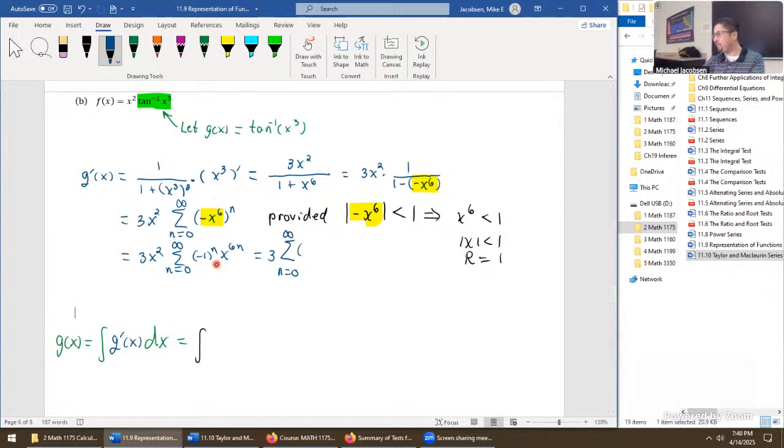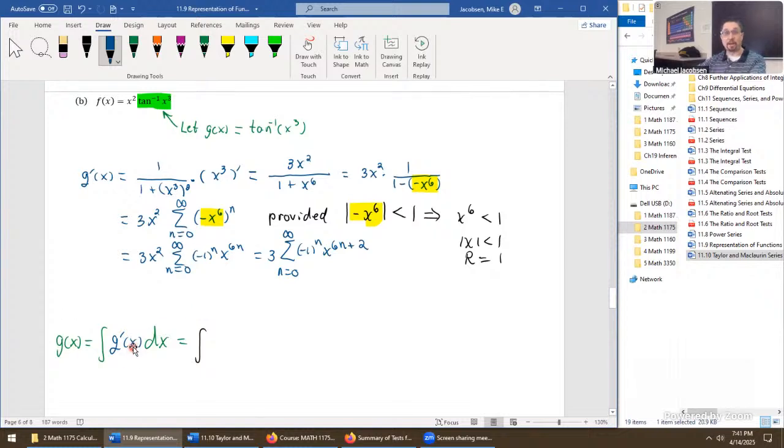This is negative 1 power of n. And this really is one major distributive law when you think about it, because this is just infinitely many different plus signs. X squared distributes in through that, combines with this power to give x power 6n plus 2. Radius of convergence still 1 even after those steps.